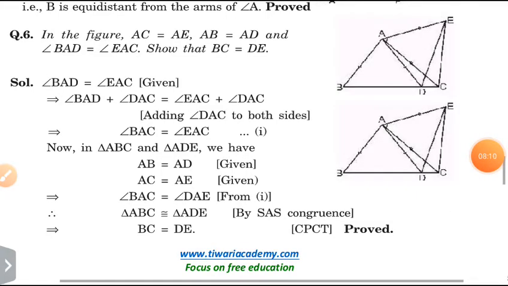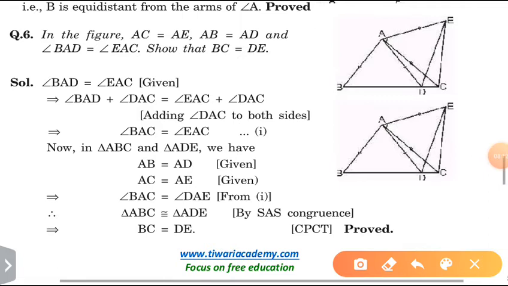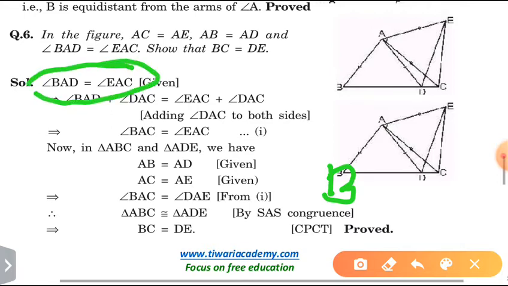Now you can see in the solution that in triangle BAC and triangle DAE this thing is given to us, and I told you about the DAC part, that this is the smaller angle you will add on both sides.